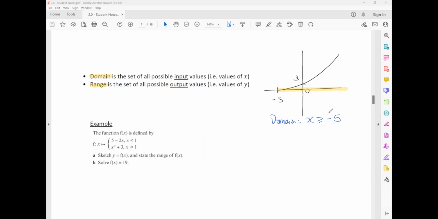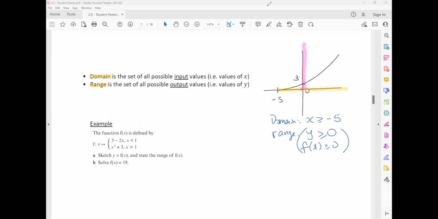And the range is for the y-axis. You can see the graph in terms of y starts from 0 all the way up. Therefore, the range would be y greater than or equal to 0, or you can use f of x greater than or equal to 0. Both are equally fine. So that's domain and range.